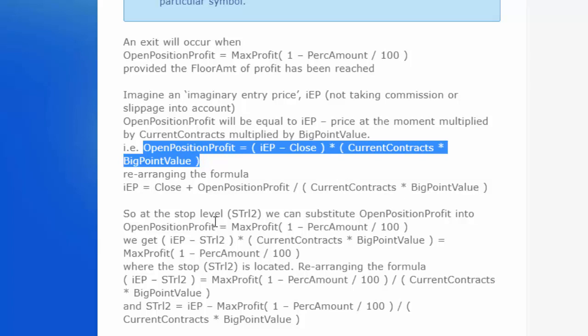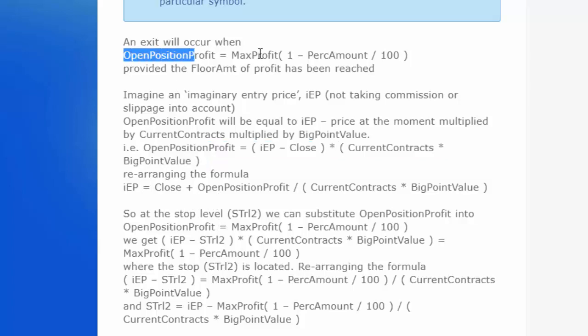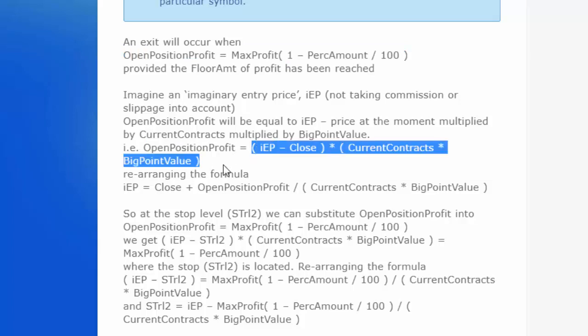So what we can then do is substitute this into the open position profit formula that we already have here. We say open position profit is max profit times 1 minus percent amount divided by 100. If we do that, we're going to substitute this.